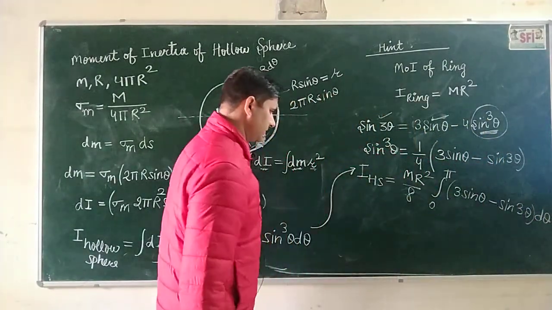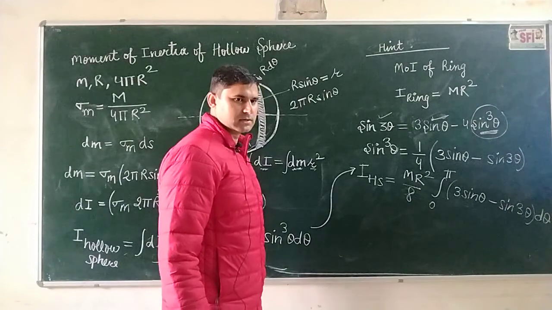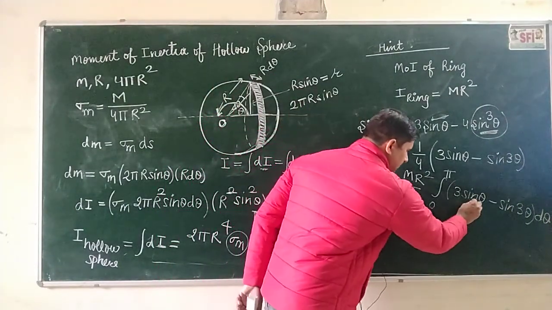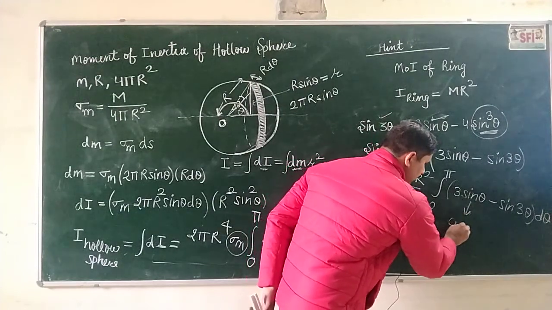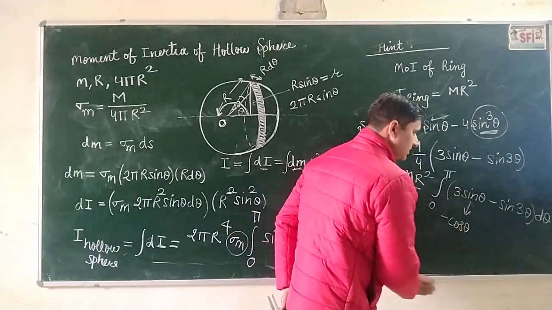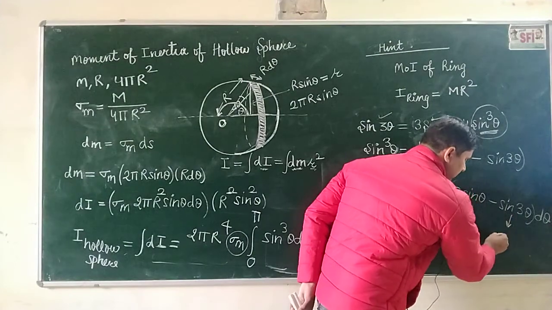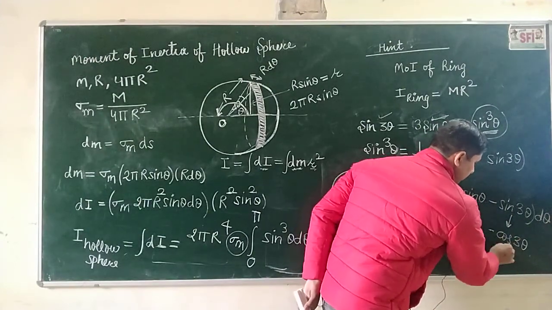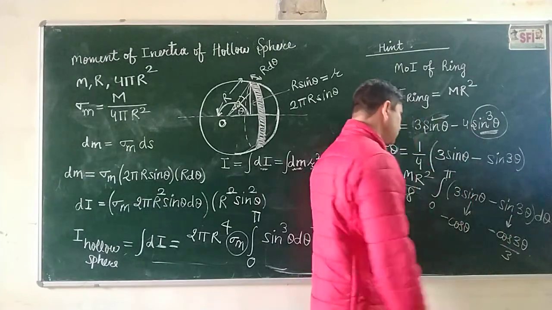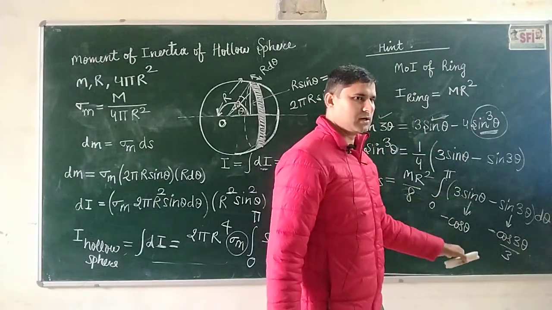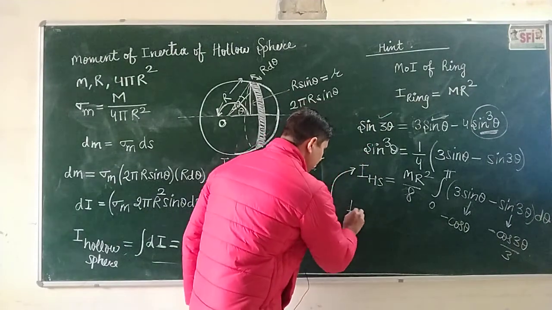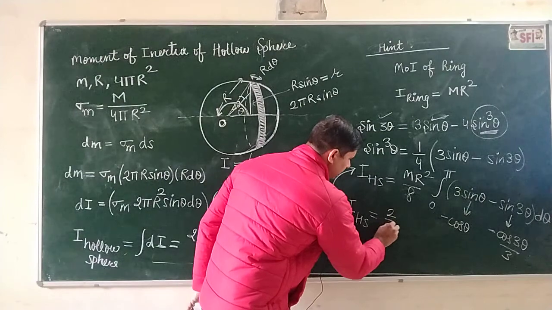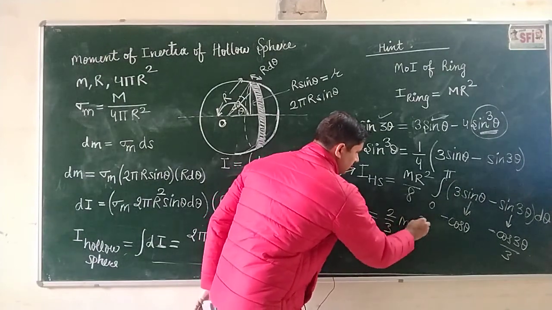Now you are to integrate it, and finally you will get the result. Integration of sine theta will be minus cos theta, and integration of sine 3 theta will be minus cos 3 theta by 3, and you are just to put the limits 0 to pi, and you can solve, and finally you will get the moment of inertia of hollow sphere, that is 2 by 3 MR square.